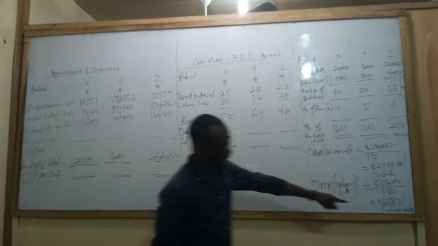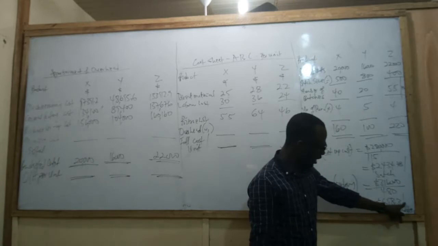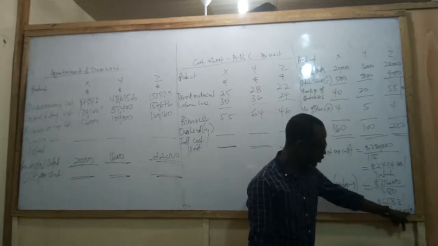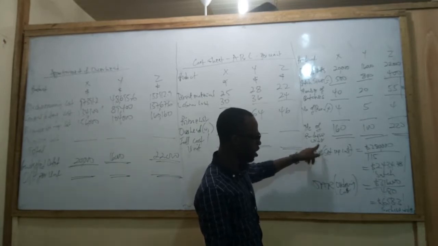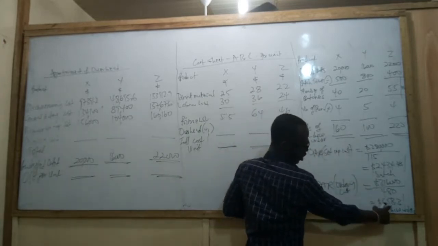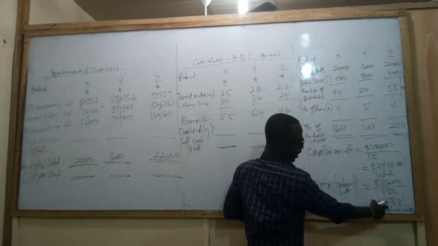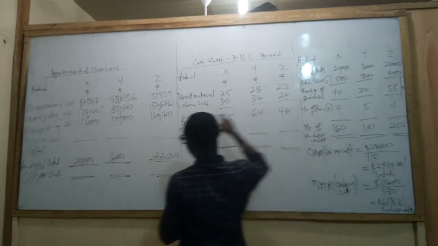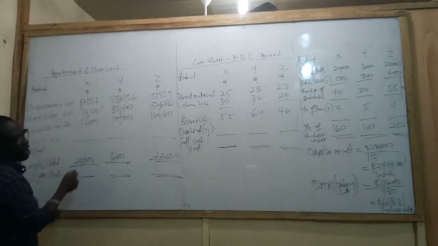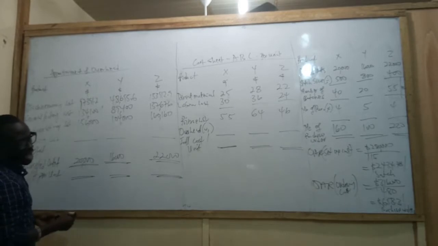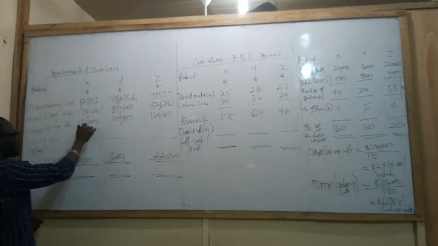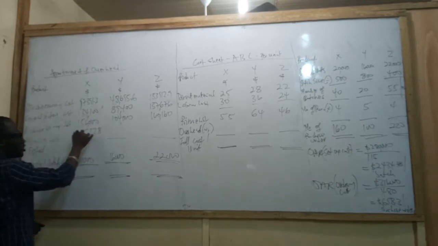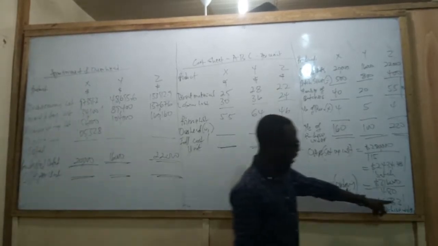Then ordering cost is 658.3 per purchase order. Number of purchase orders, right? So we multiply for X. That figure by 160.